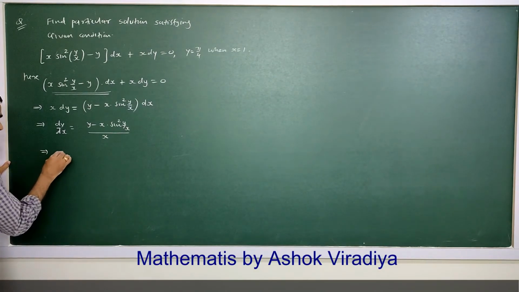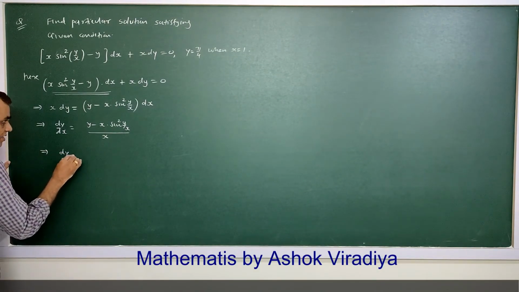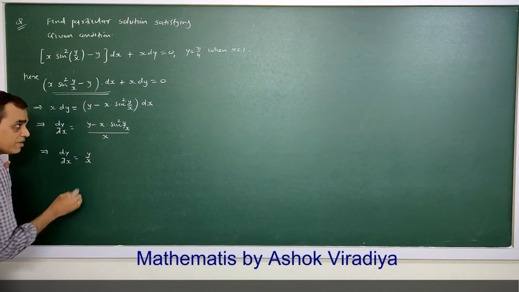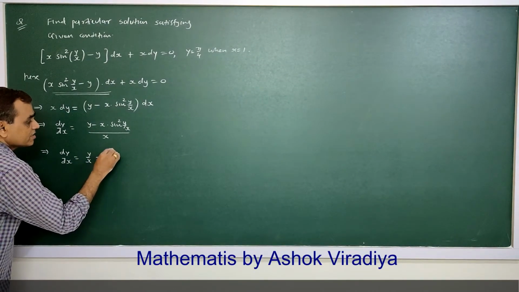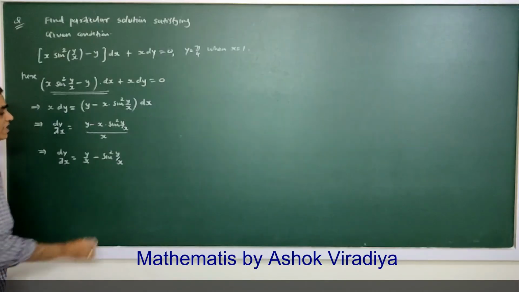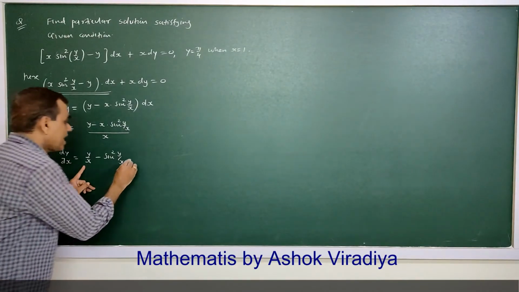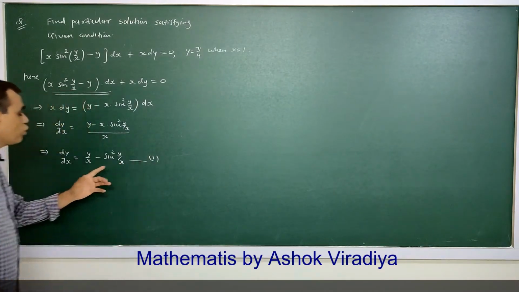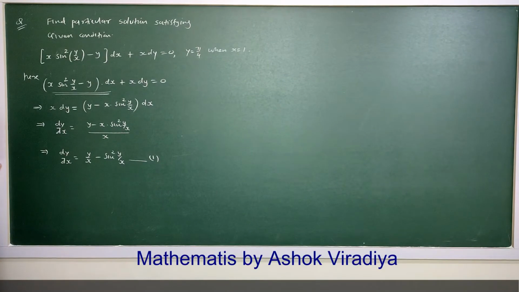That means dy by dx is y by x minus sine square of y by x, and you can see that this is homogeneous differential equation.